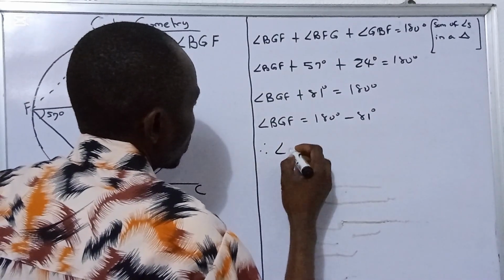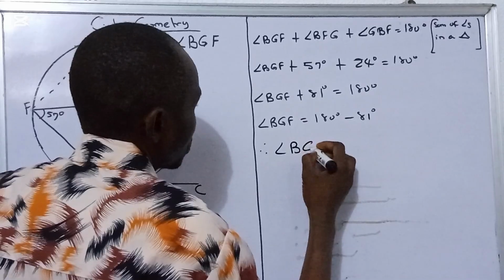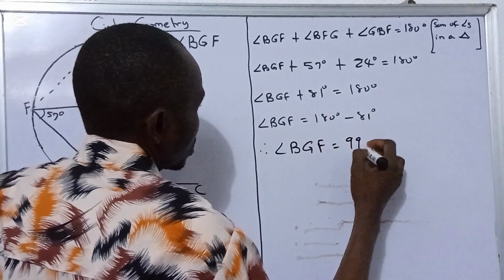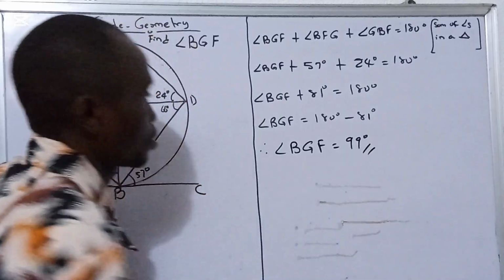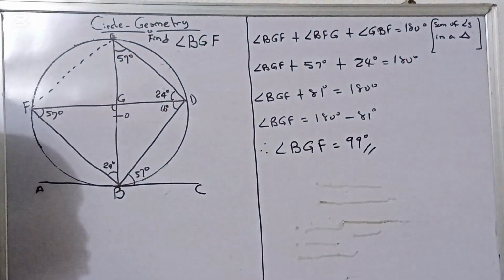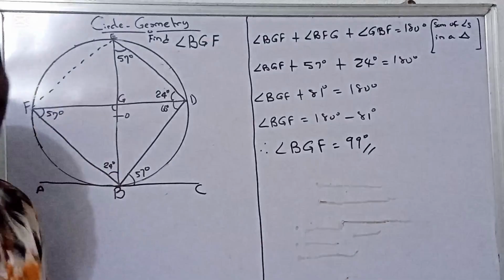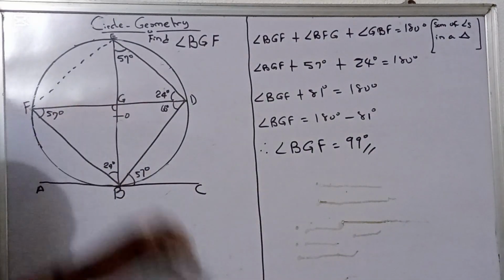Therefore angle G equals 99 degrees. From all the videos so far, this is the end of this problem.